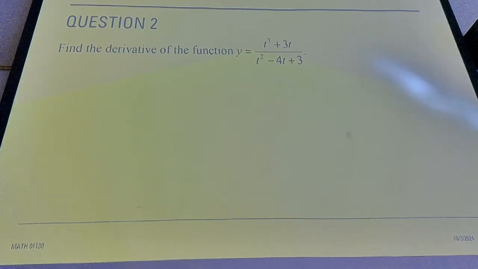How do we have to do this? How would it factor? The numerator would factor out a t, the denominator would factor to t minus 3, parentheses, t minus 1.